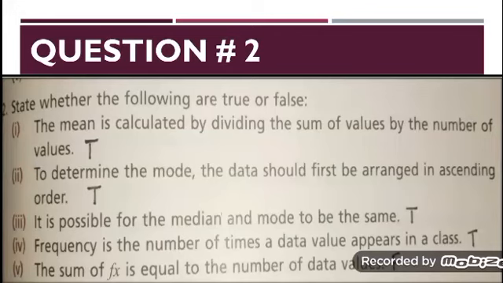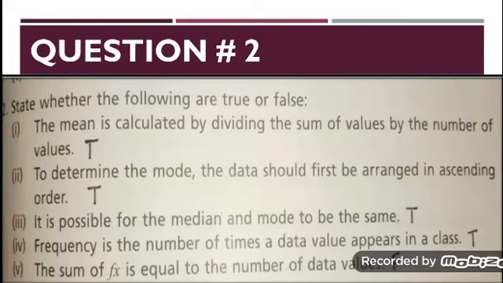Actually, we can find out the mode by arranging the data or without arranging the data in ascending or descending order. It is not compulsory to arrange the data in ascending order to find out the mode. But this statement is true because mode can also be found by arranging the data in ascending or descending order.